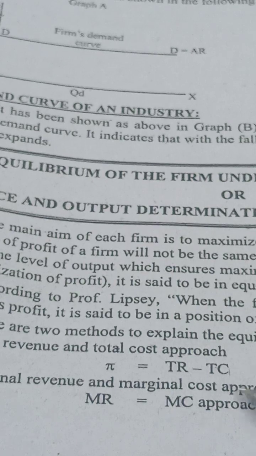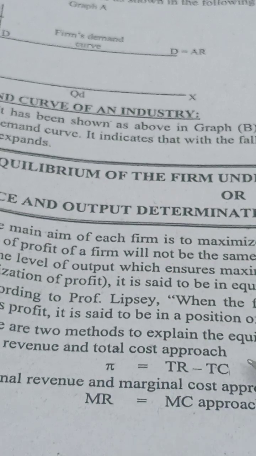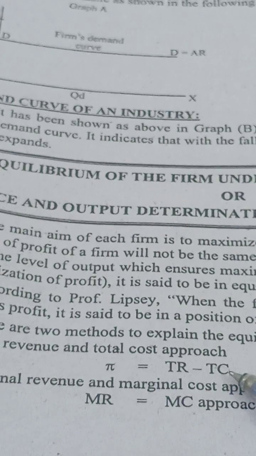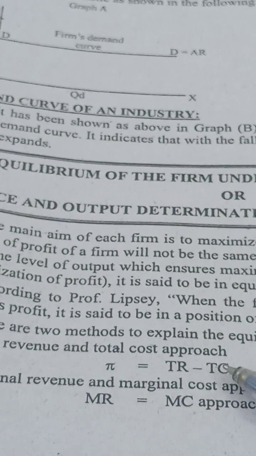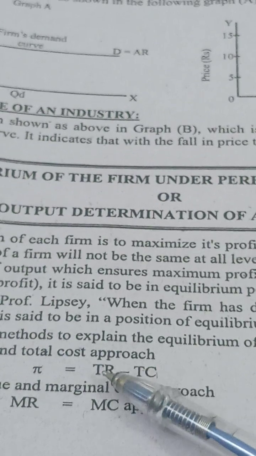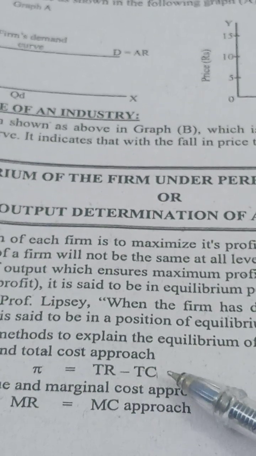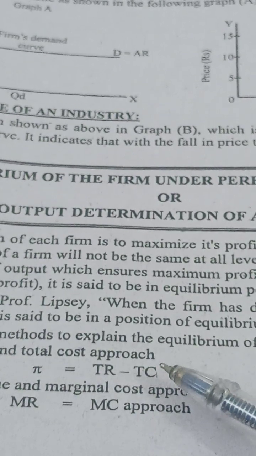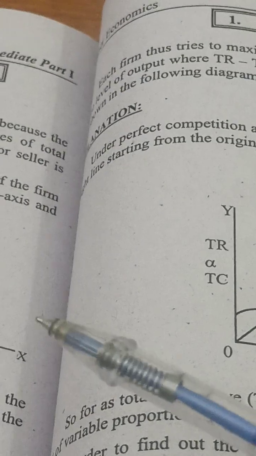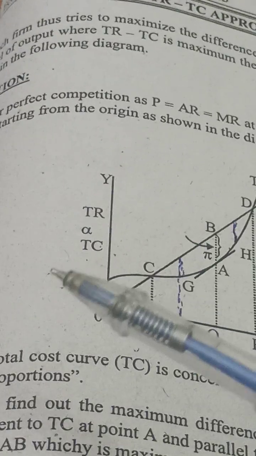When total revenue is more than total cost, there is supernormal profit or positive profit. When total revenue is equal to total cost, there is normal profit or zero profit. When total revenue is less than total cost, there is negative profit or loss. The same situation can be explained with the help of a diagram.